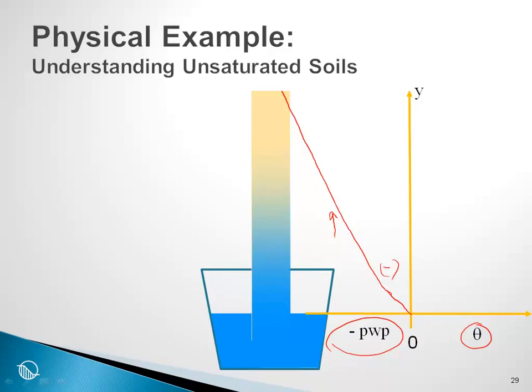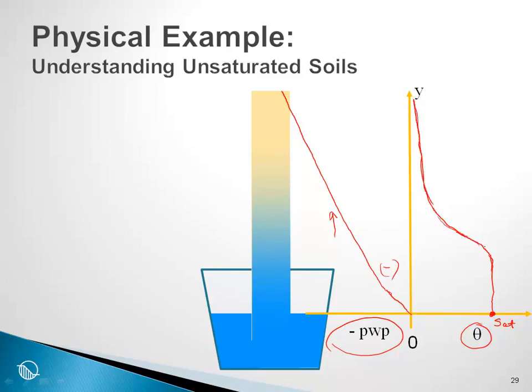You would also be able to say that at the level of the water, the water content is equal to the saturation water content. Then we have a capillary zone where the water content doesn't change very much, it remains saturated. But then as the pore pressure begins to increase, the water content in the paper towel diminishes, and finally we get into a very dry area of the paper towel.